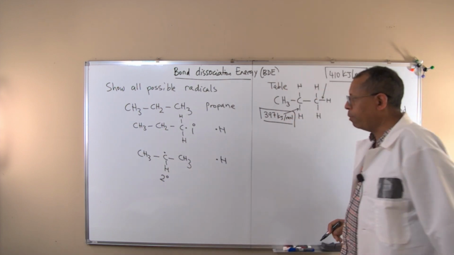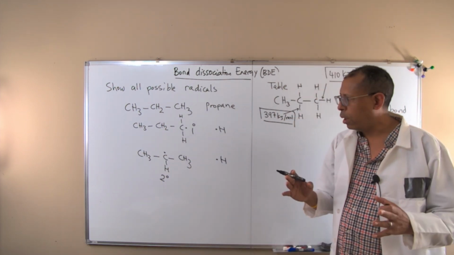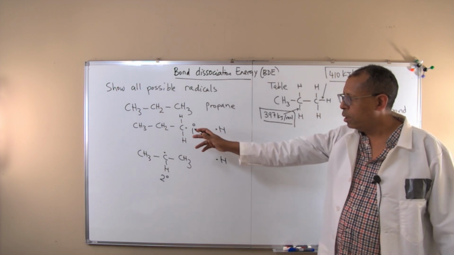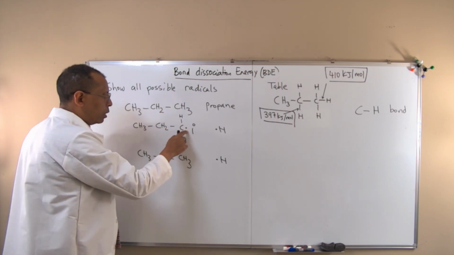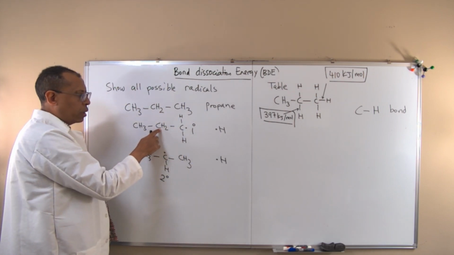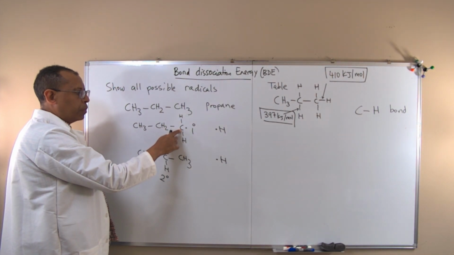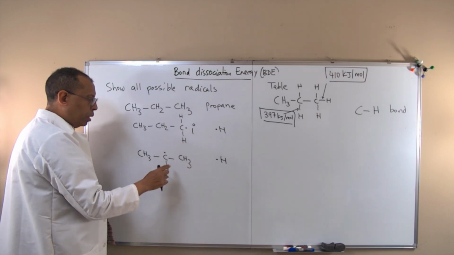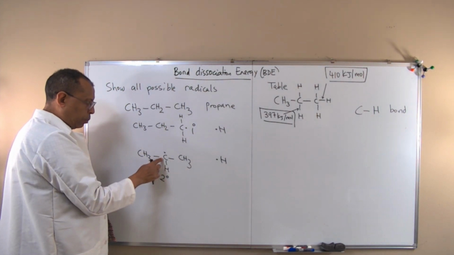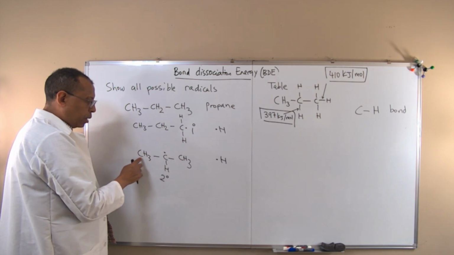And these are the types of free radicals that are formed. So I remind you again, this is primary because the carbon where the radical is connected is attached to only one carbon. Such a carbon is called a primary. Therefore, the radical is also called a primary radical. Here, the carbon is attached to two carbons and one hydrogen.